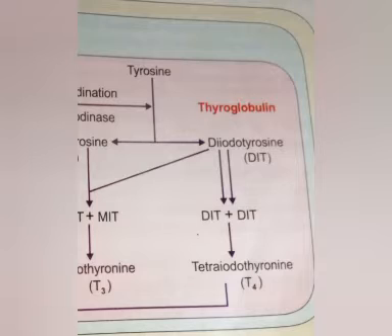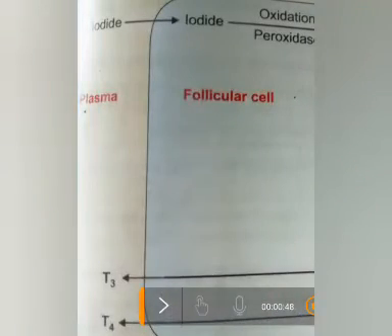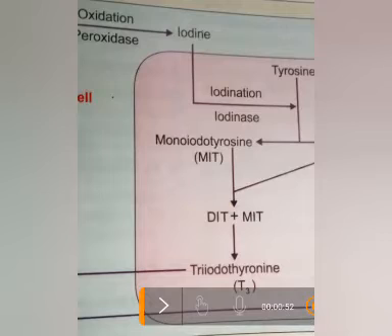This thyroglobulin is the actual site for the synthesis of a thyroid hormone. Here there are two important requirements. The first one is tyrosine, then iodine. These are the essential substances for the synthesis of a thyroid hormone.